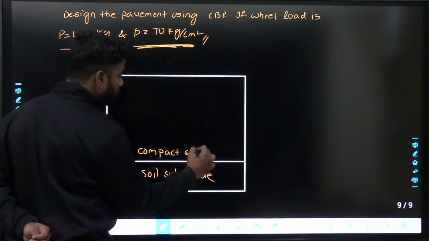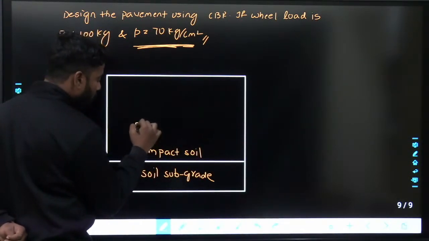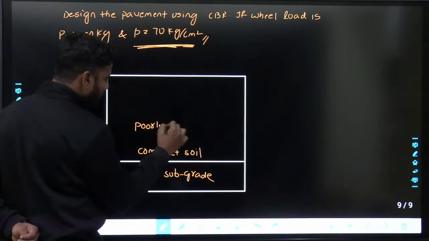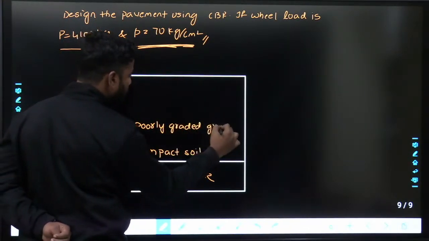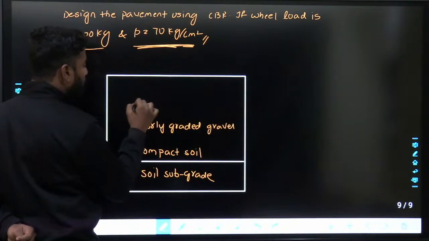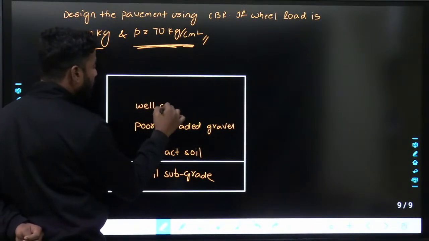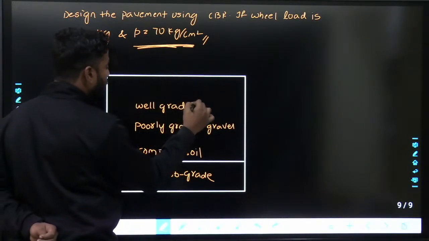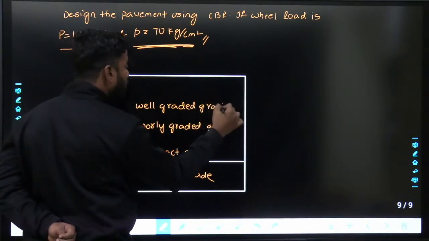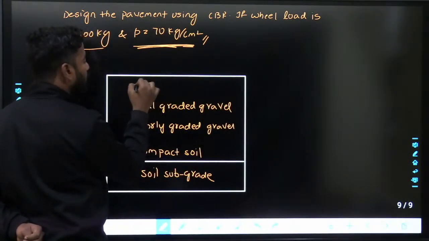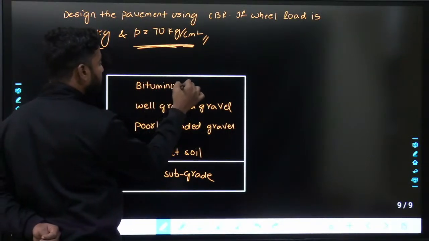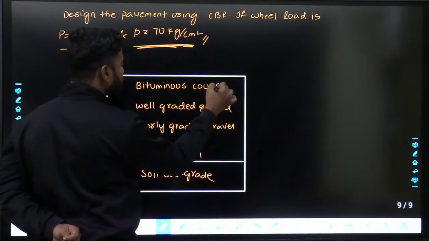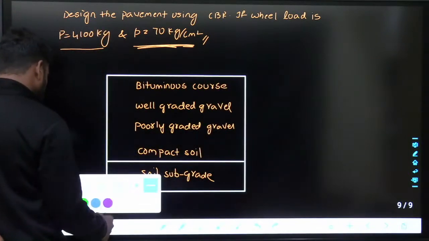Next, on the top of it, there will be poorly graded gravel, then well graded gravel, and onto the top of it, I will be providing some bituminous course.